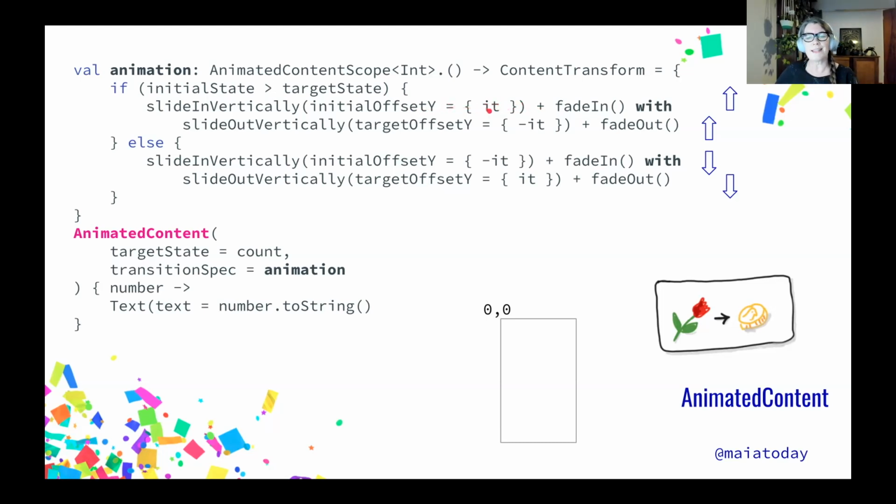Initial offset, that's the height for the full height. So it slides in and it fades in, and the slide out takes an initial offset of the negative of the height. You can read up about the detail of this, but basically it'll just slide up or slide down depending on if the value is bigger or smaller than the existing value.